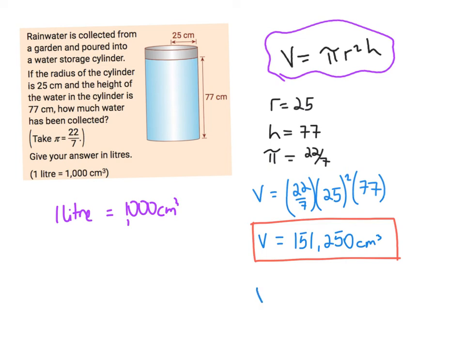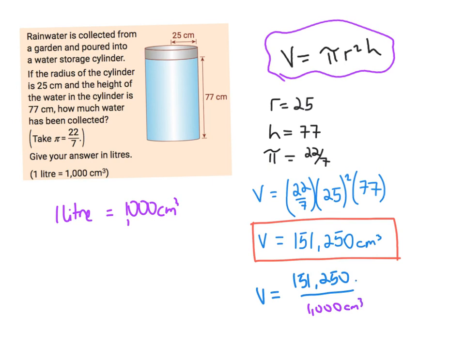So to go into litres, we'll say that's 151,250 divided by 1,000, and centimeters cubed divided by centimeters cubed would give us litres.